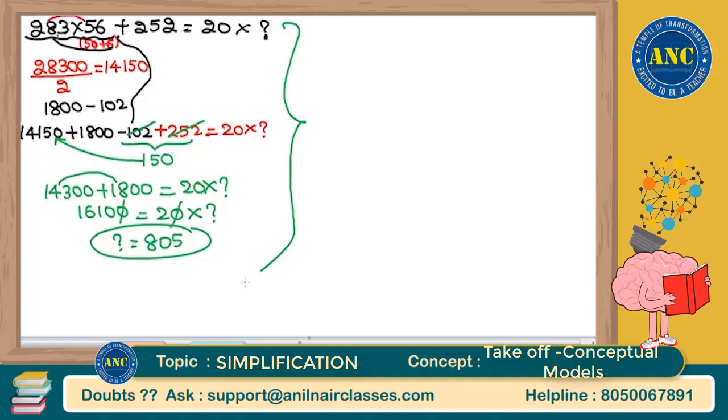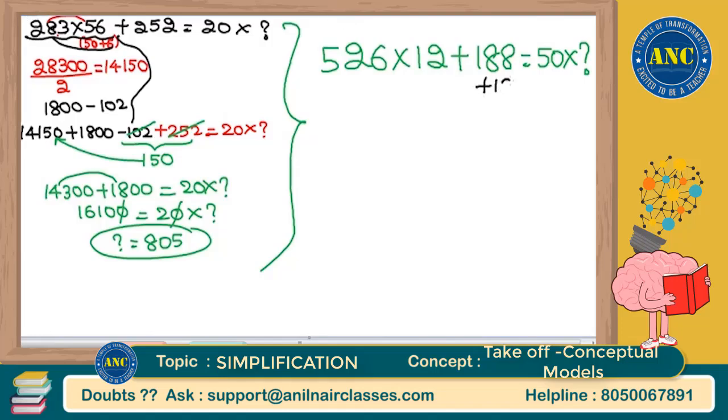There are 2 to 3 people who have doubt in my previous question. The previous question I wrote is 526 into 12 plus 188 is equal to 50 into question mark. First step, can you explain again, sir? I will make this a fancy number by adding 12 and subtract 12 for this particular number.